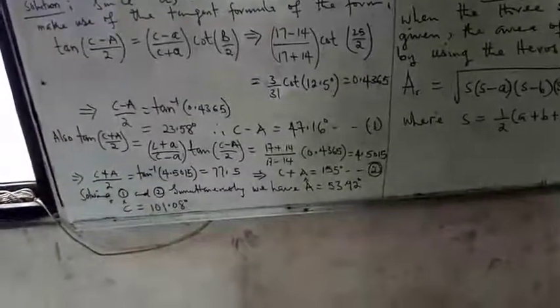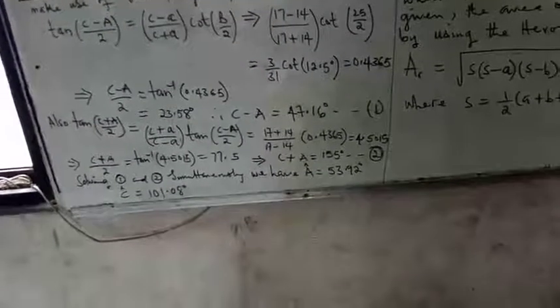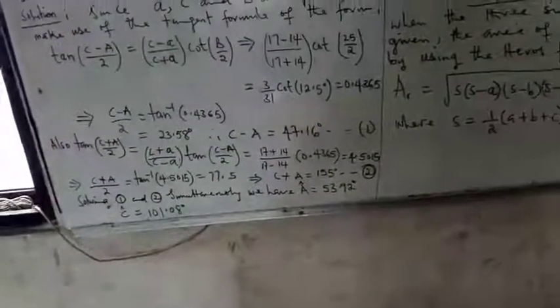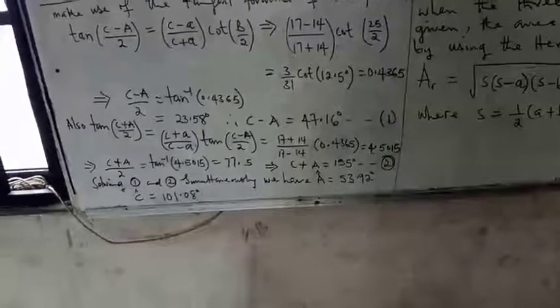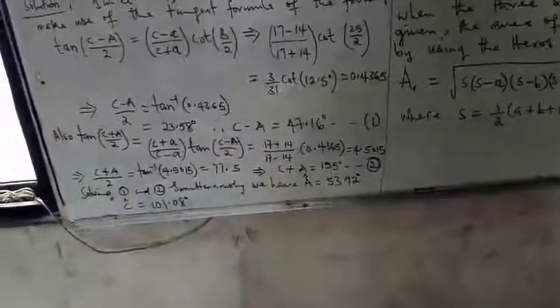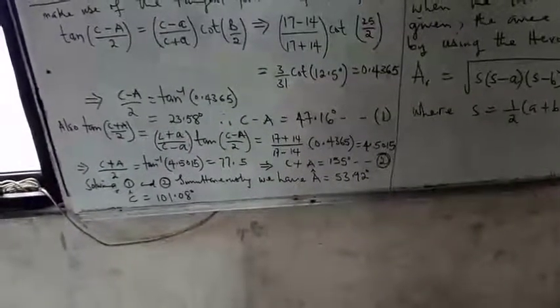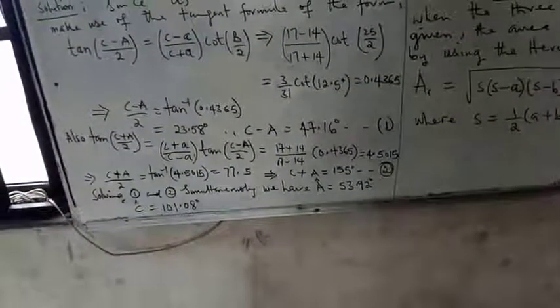Similarly, from that formula, tan of (C plus A) over 2 is given as (c plus a) over (c minus a) tan of (C minus A) over 2. Substituting, c is 17, a is 14: 17 plus 14 over 17 minus 14. Already we've calculated tan of (C minus A) over 2 to be 0.4365.